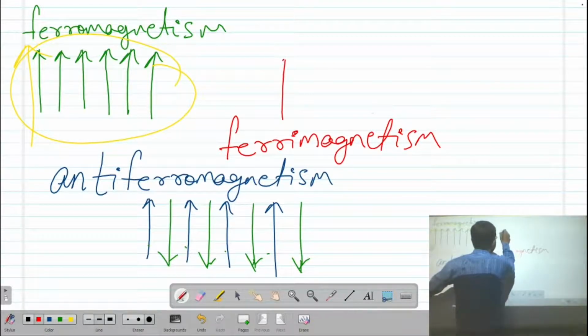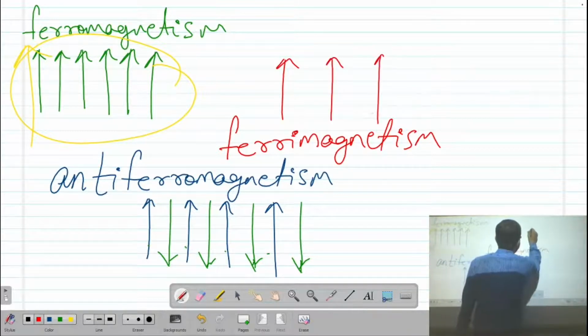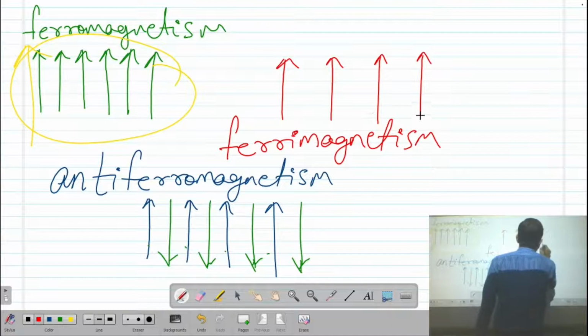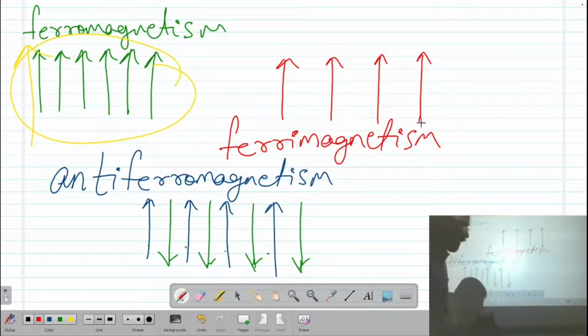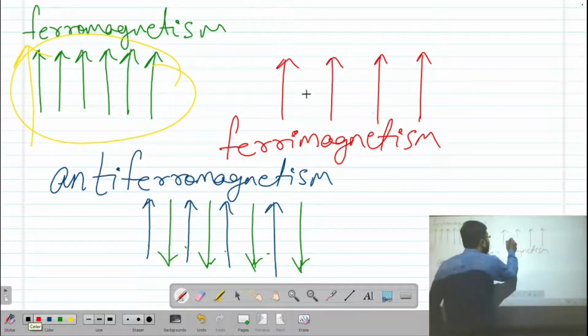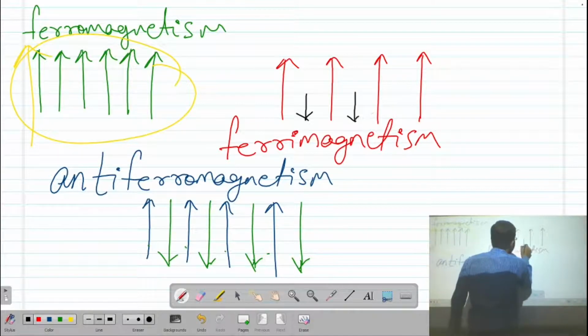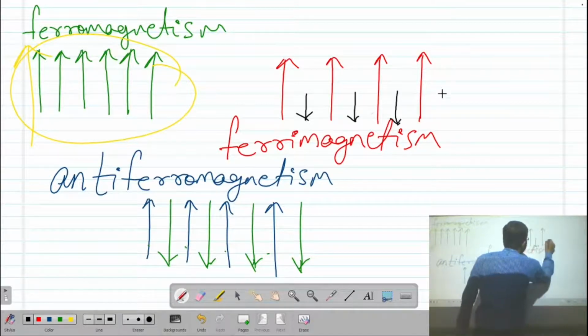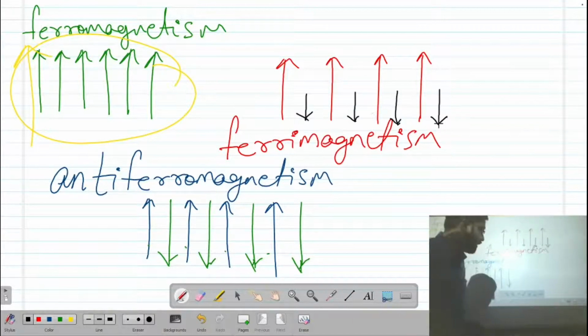Let us see a picture. It has this kind of dipoles. Again, it is going to have antiferromagnetic-type dipoles as we find in antiferromagnetism, but they will be unequal in magnitude.